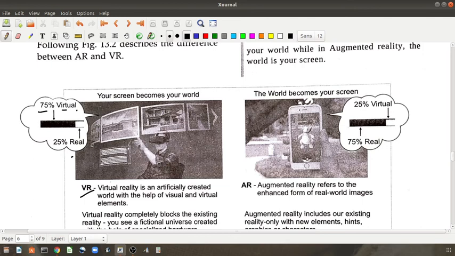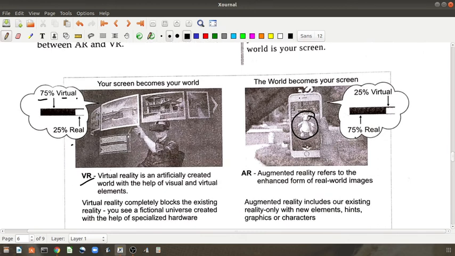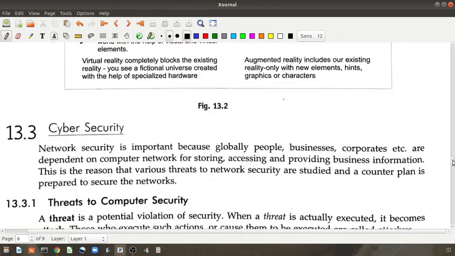Here in AR, everything is real: the background scene, the area, or the location where you are. You're moving around, your front view is changing, as in your game. Only this is getting placed according to the software programming. So here 75% is real and only 25% is virtual.